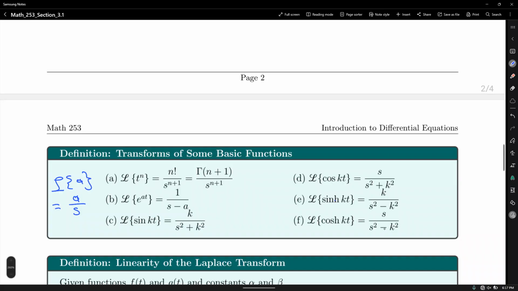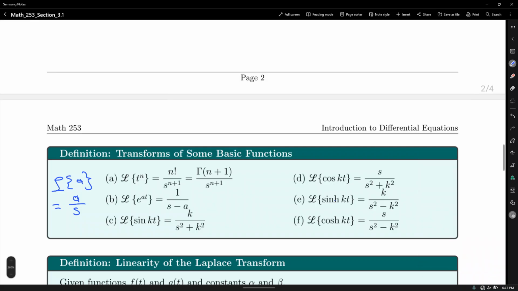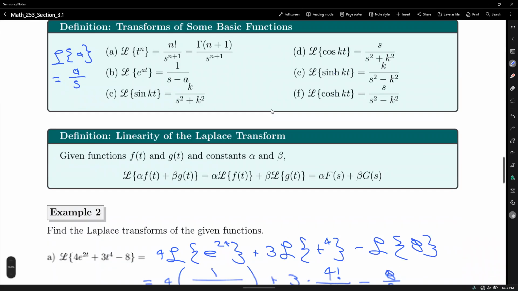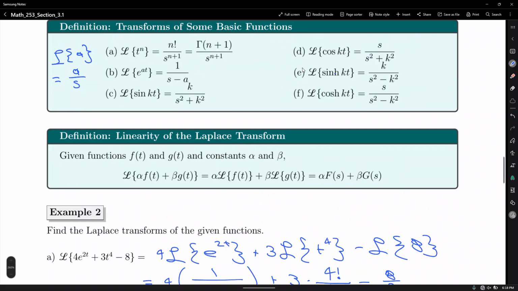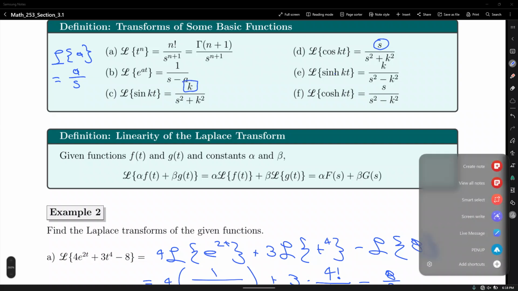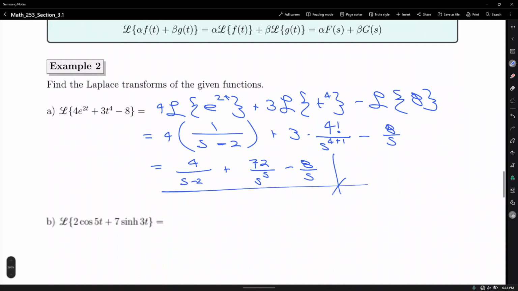Cosh has a negative in the denominator, unlike cosine, its trigonometric analog, which has a plus between the terms. The cosine has an s in the numerator, unlike the sine function, which has a k in the numerator. That's how you can distinguish between the two, and that's the same for the hyperbolic versions of them.